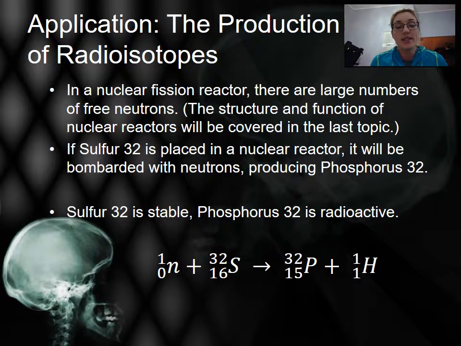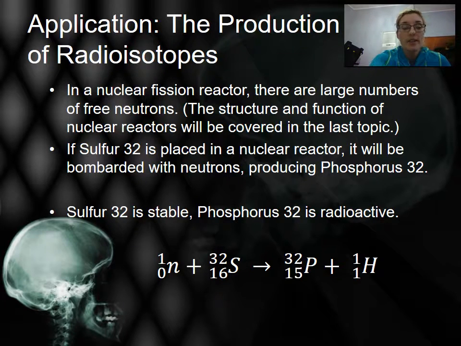So inside the reactor, if we put some sulfur 32, meaning that it has 32 as its mass number, so it's a combination of protons and neutrons, and we place that in the reactor, it starts to be bombarded by these neutrons, and one of those neutrons is captured by the nucleus, or absorbed by the nucleus, and that becomes unstable. So it produces a new atom of phosphorus 32. Now, sulfur 32 is a stable atom, whereas phosphorus 32 is radioactive, which means that it will undergo further decay to try and get back to its ground state.